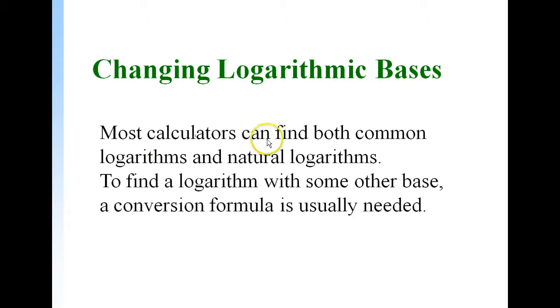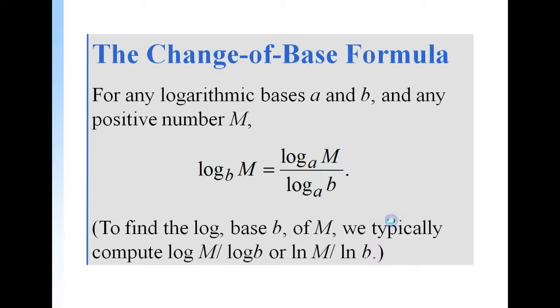Most calculators can find both common logarithms, where we have base 10, and natural logarithms, where we have base E. To find a logarithm with some other base, a conversion formula is usually needed.